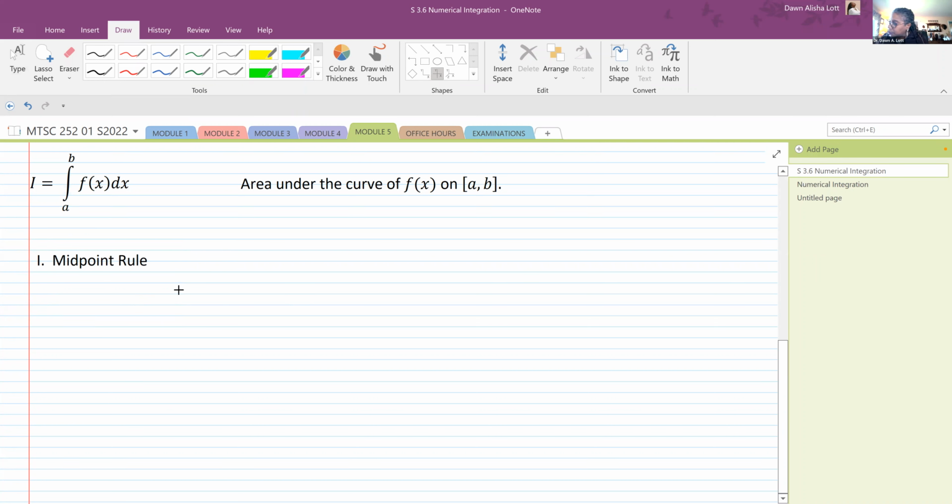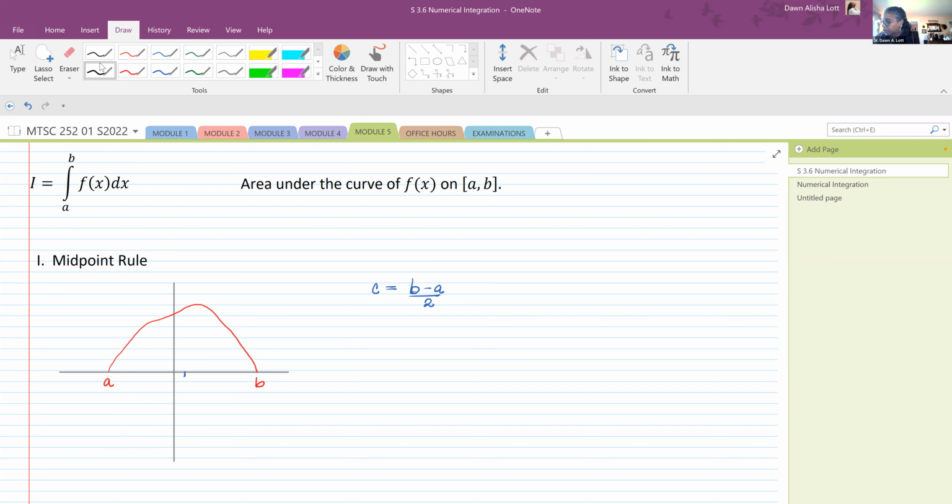Okay, so let's say we have a function on the interval [a, b]. And what I'm going to do is find the midpoint. So the midpoint is going to be c, and c is equal to b minus a over 2.